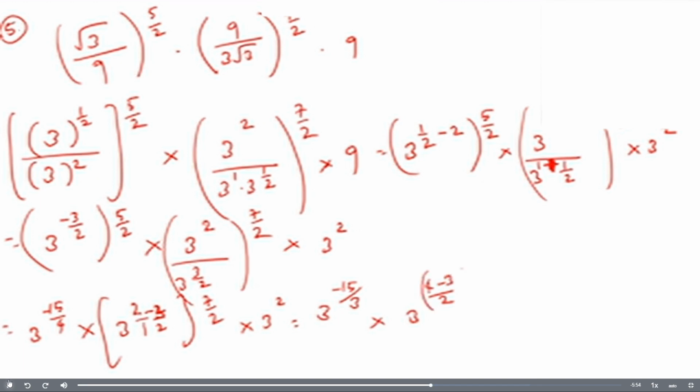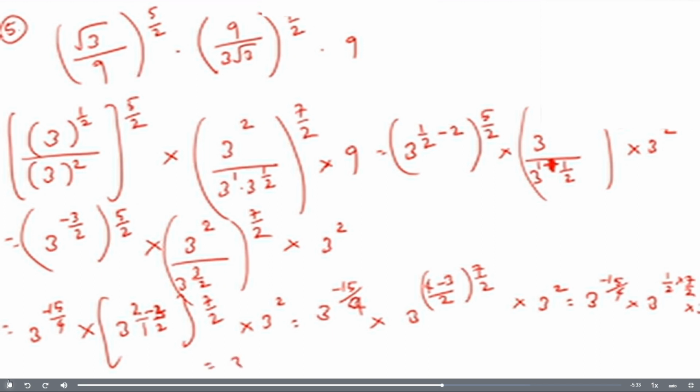That is equal to 3 to the power minus 15 by 4, into 3 to the power 1 by 2 into 7 by 2, into 3 square.